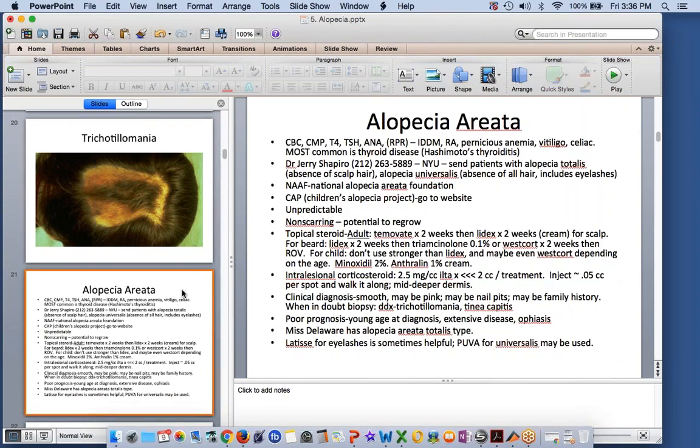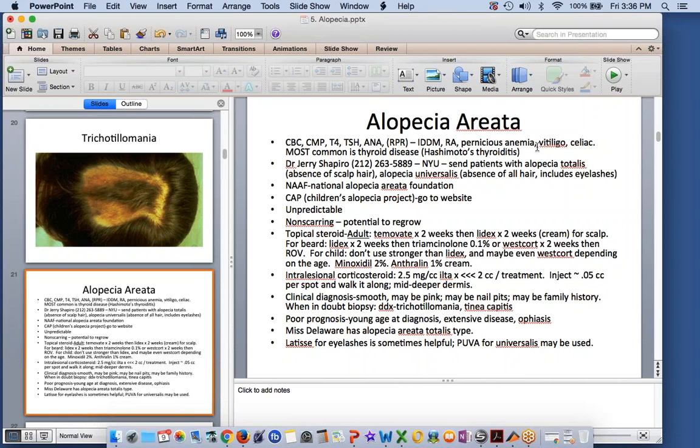So in a workup of alopecias, one needs to do a blood test, okay? With CBC, CMP, T4, TSH, ANA. And the reason we do that is because when you have iron deficiency, anemia, or any form of anemia, you get hair loss. When your thyroid is out of whack, you get hair loss.